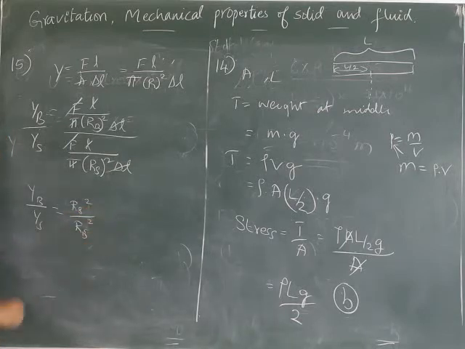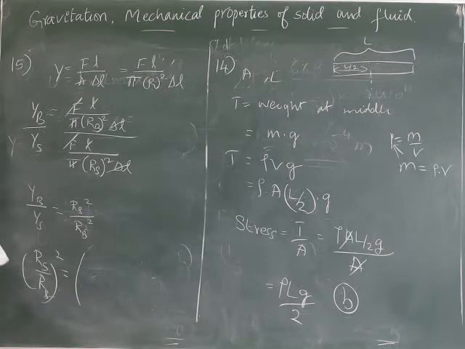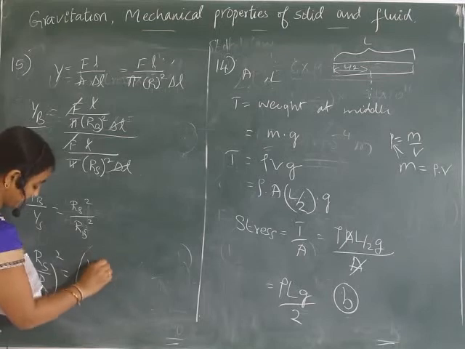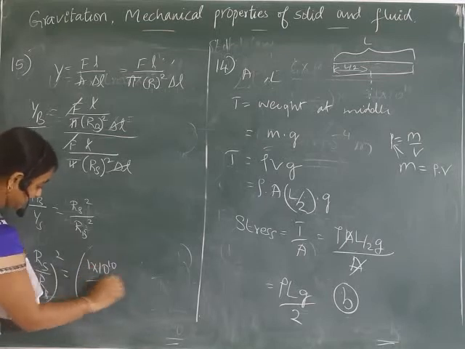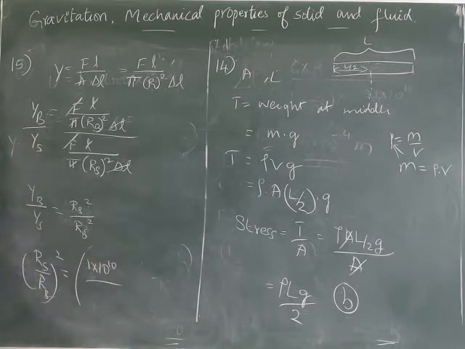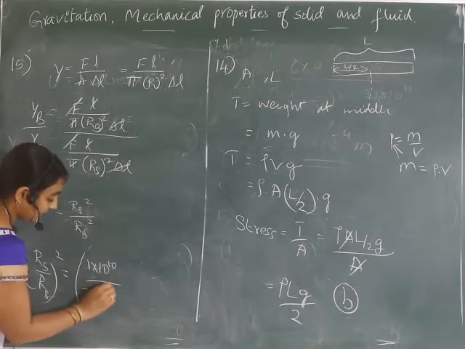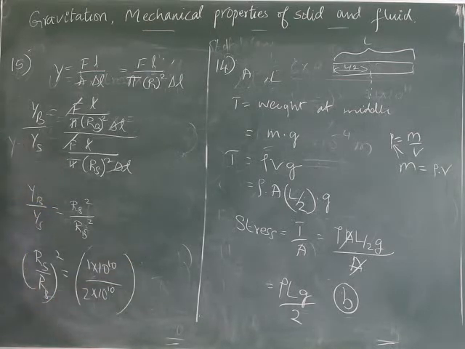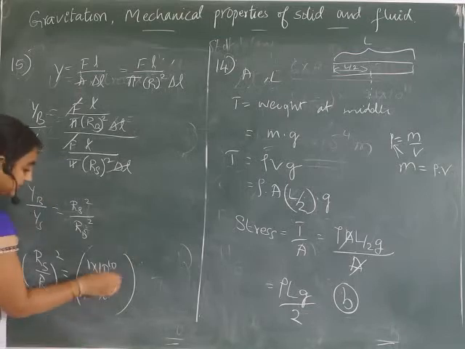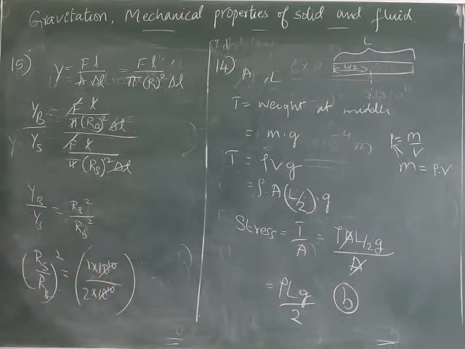So I can say RS by RB the whole square is equal to Young's modulus of brass, 1 into 10 to the power 10, divided by steel, 2 into 10 to the power 10. This will get cancelled, and it is 1 by 2.